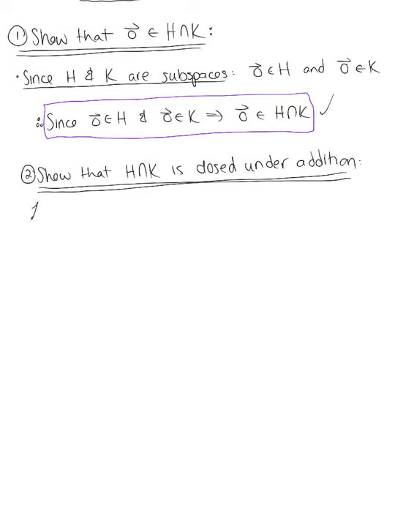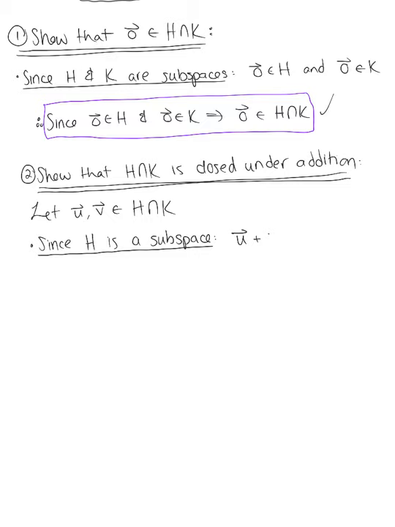Let's let vector u and vector v be elements of the intersection of H and K. In a similar method to step one, we can make a note that since H is a subspace, then vector u plus vector v is in H by definition.